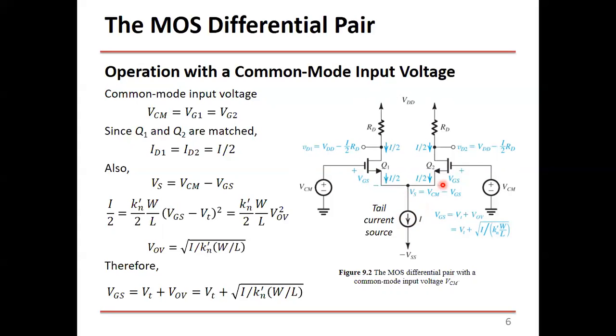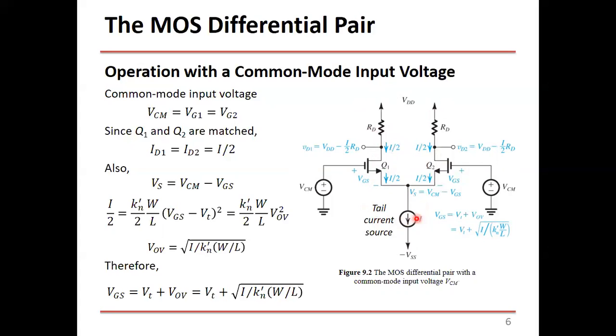And since these two transistors are matched and identical, half of the current will be in this leg and half of the current will be in this leg. So half of the tail current source, we call it the tail current source because this looks like an animal with a tail.